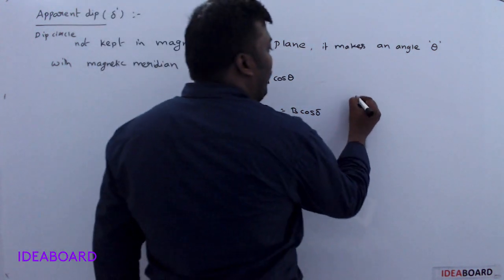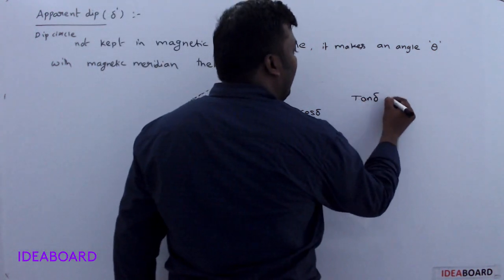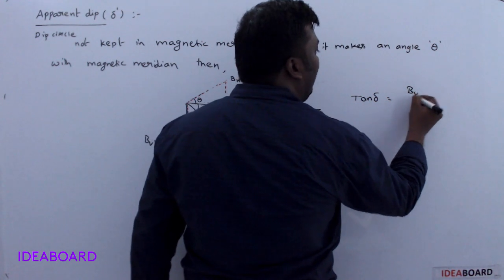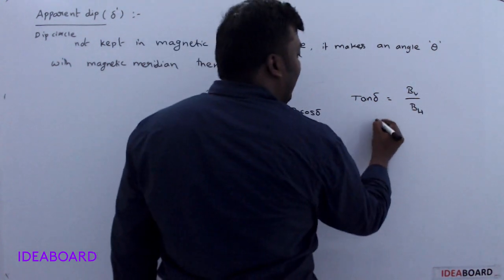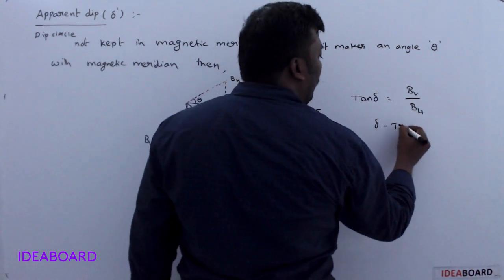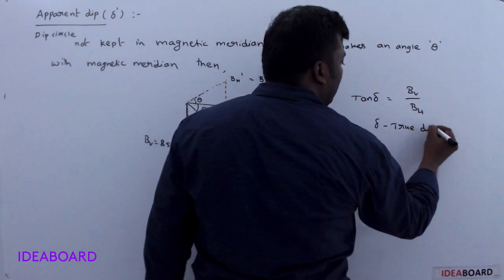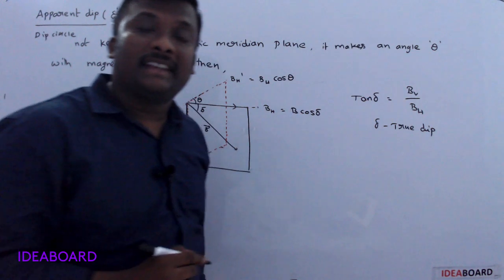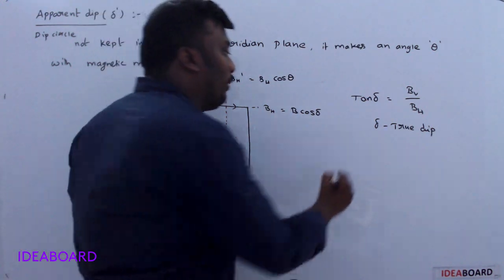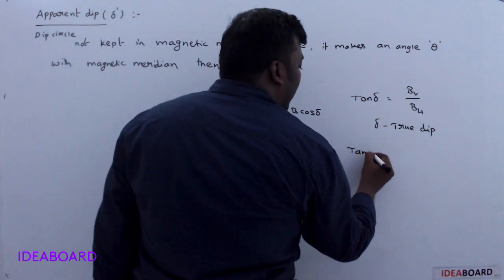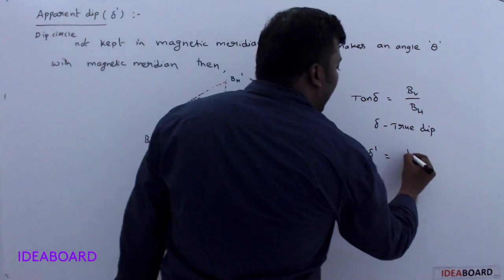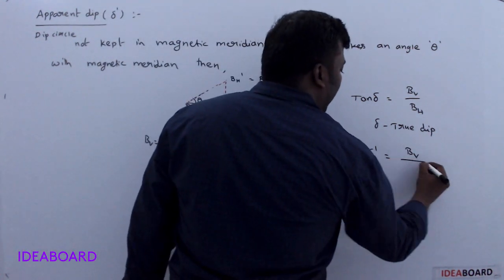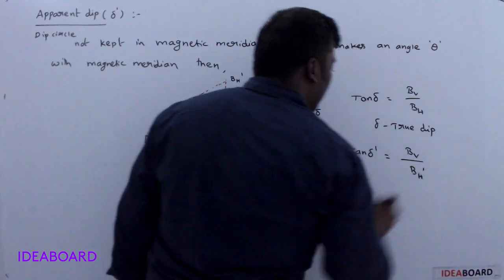Okay. Now, what is the formula we have? Tan delta, we got BV by BH. Here delta is named as true dip. Now, you want apparent dip. It is named as tan delta dash. Tan delta dash value is BV by BH dash.